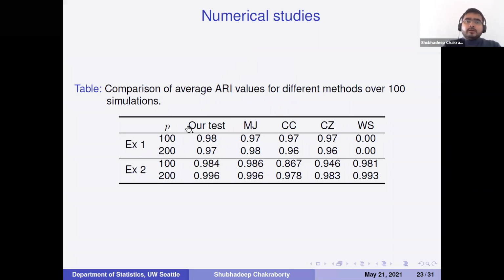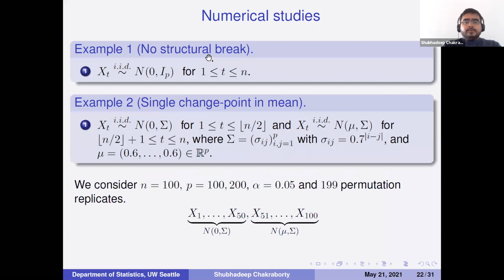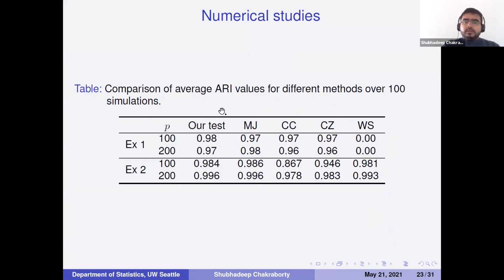We use sample size 100 and dimensions 100 and 200, at a significance level of alpha 0.05 and 199 permutation replicates. We can clearly see that nearly all the methods perform equally well both when there is no structural break and when there is a single change point in mean.